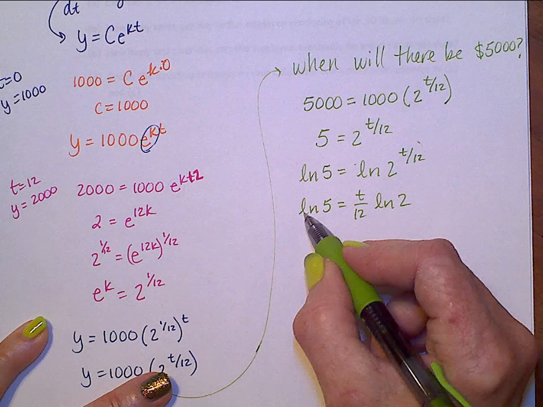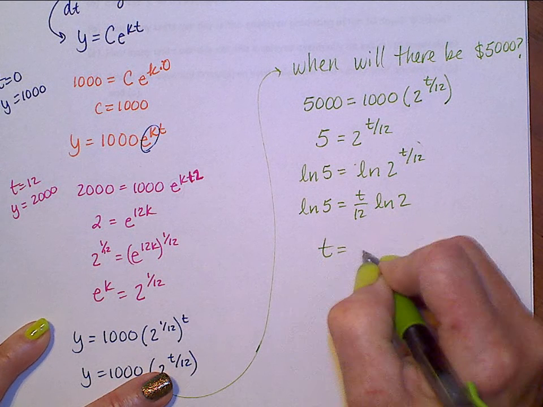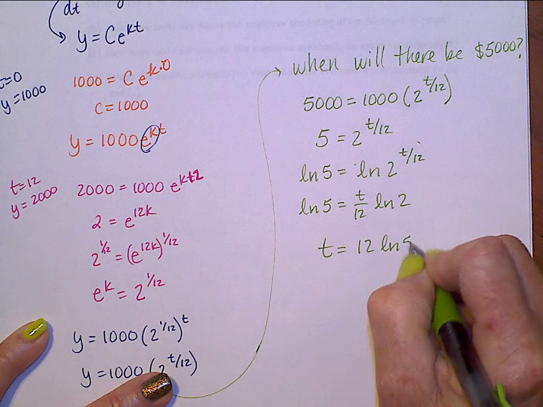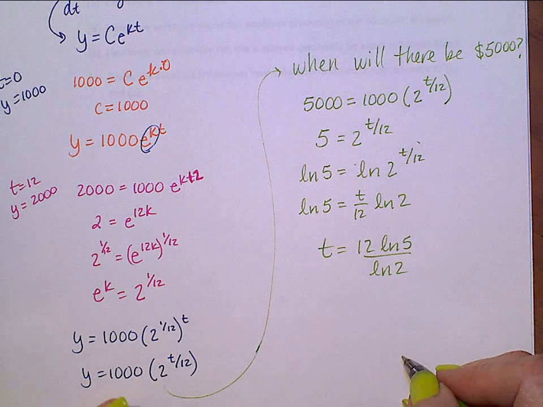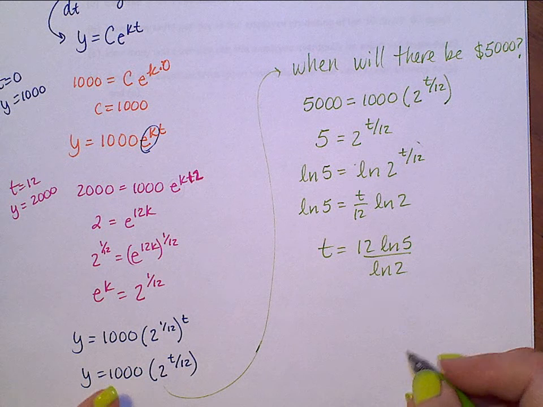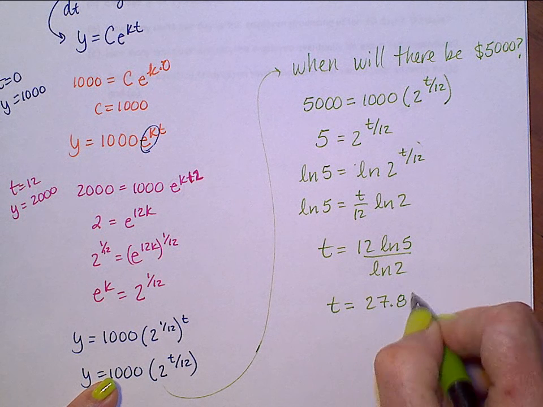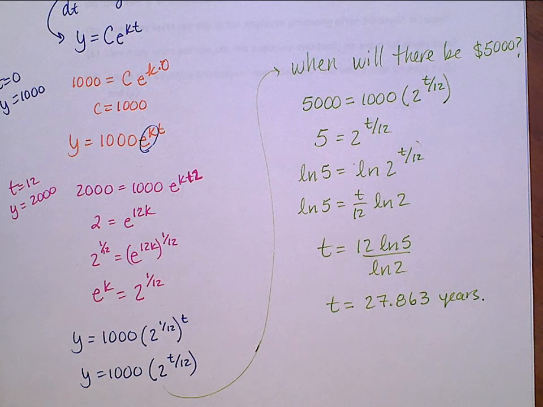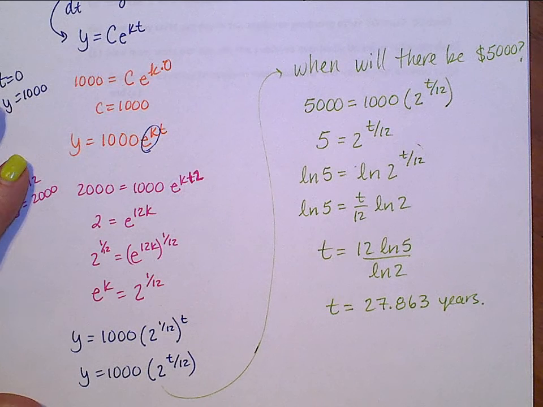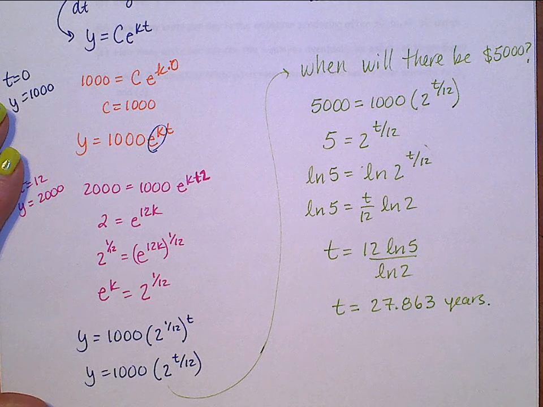Multiply by 12, divide out this ln 2, and we have t is 12 ln 5 divided by ln 2. And when you zap that up into your calculator, you will get 27.863 years. So it will take 27.863 years to make your money turn from $1,000 to $5,000.